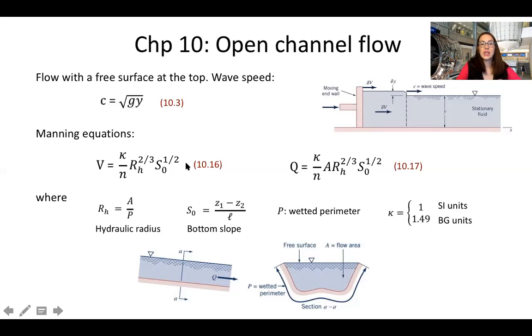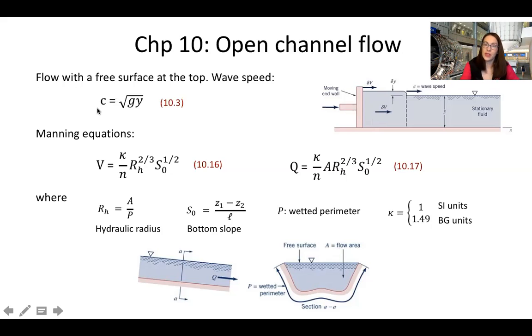So there's this really neat analogy between these open channel flows and compressible flows. There's a really great analogy between the Froude number and the Mach number and hydraulic jumps and shock waves, right? Because it's basically the same physical phenomenon. So if you imagine you've got a pond and you throw a pebble into it, and that pebble creates ripples of waves that propagate out on the surface. They travel with a wave speed c.